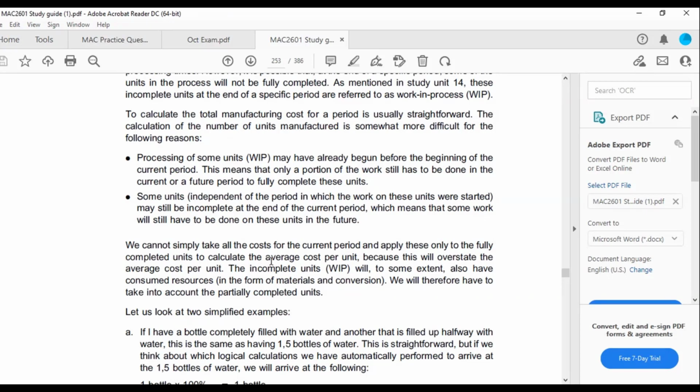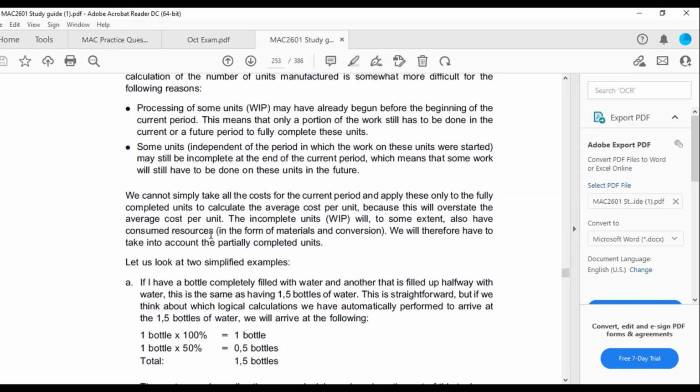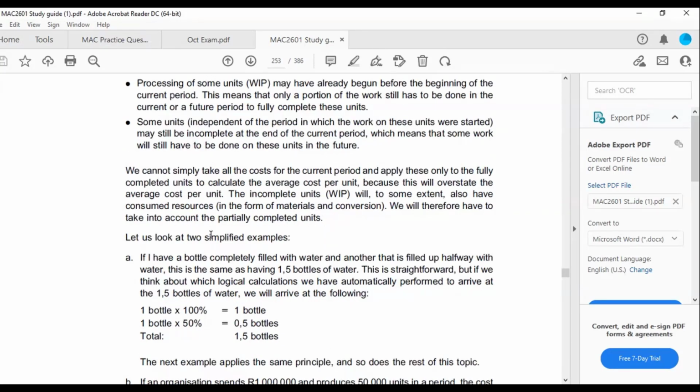So that's where you have the WIP. Calculating the total manufacturing cost for that period is usually straightforward, but it becomes difficult when you have these incomplete units at play, because I did tell you that the main purpose of process costing is to get the cost per unit at the end of the day.